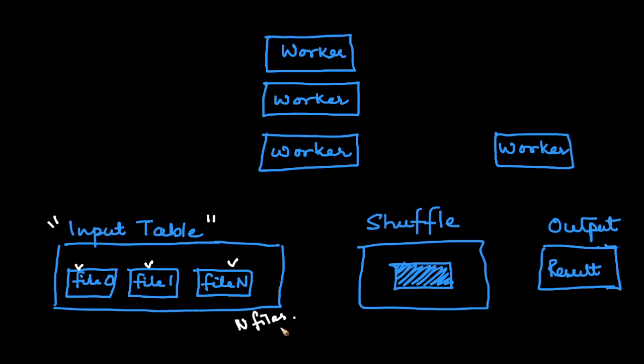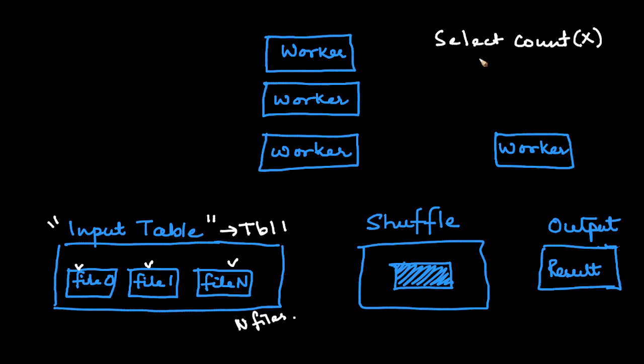Inside the hood of MapReduce, if I want to do a very simple query, let's say select count star from this input table. Let's give this table a name, let's say TBL1.